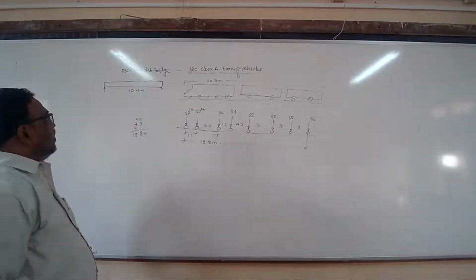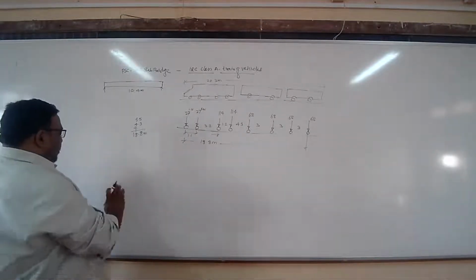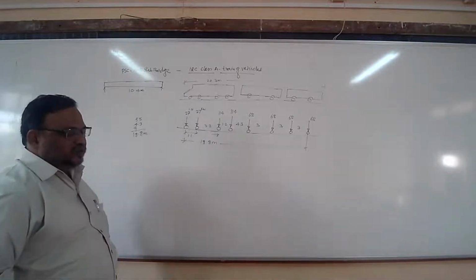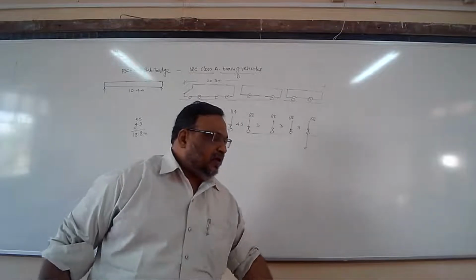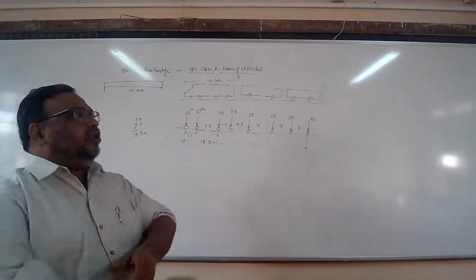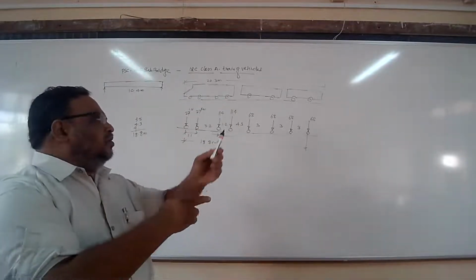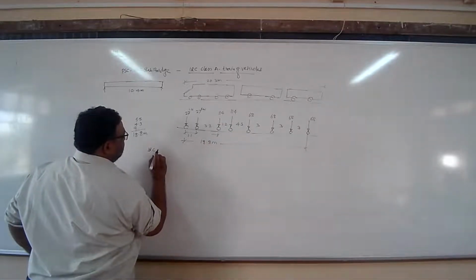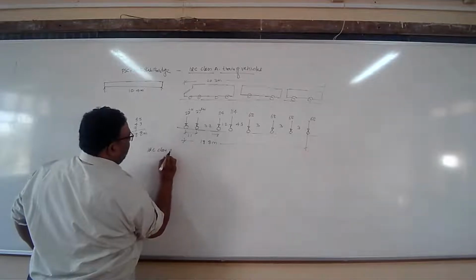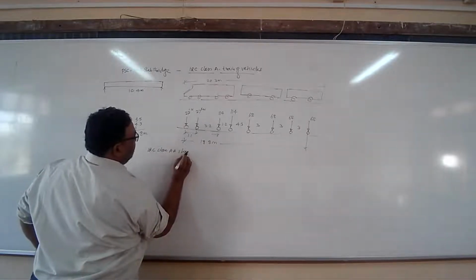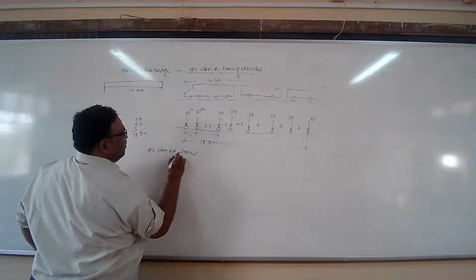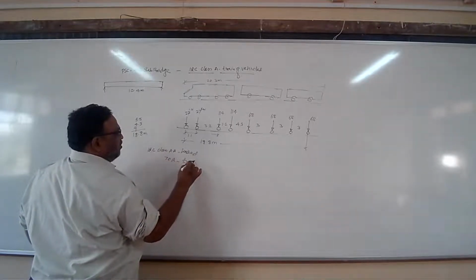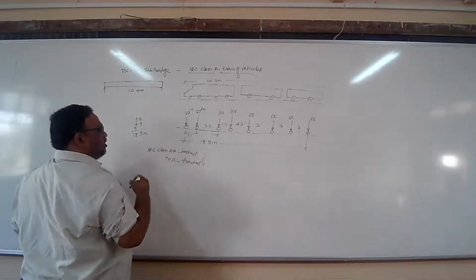And what was given in the code, if you will see, for different classes of vehicles, the distance between two successive vehicles is also mentioned. So in case of, if you remember, IRC Class AA track vehicle or 70R track vehicle, what is the distance between the two successive vehicles?